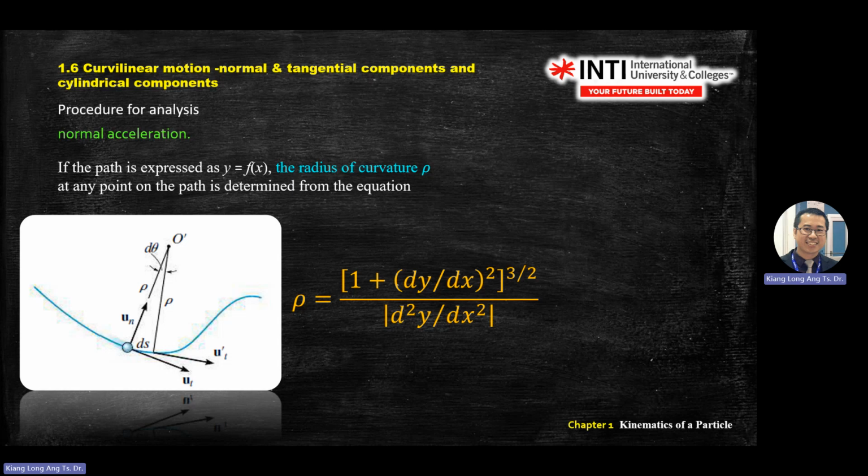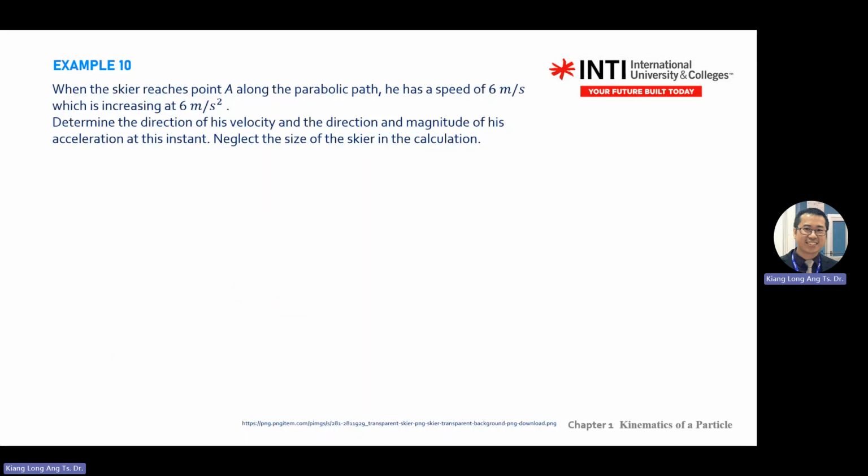If the question does not give you rho, you need to call out this equation. This equation alone gives you one to two marks. So if you are weak in differentiation, you better work hard a little bit. Okay. Now, when you learn the theory, you need to apply.